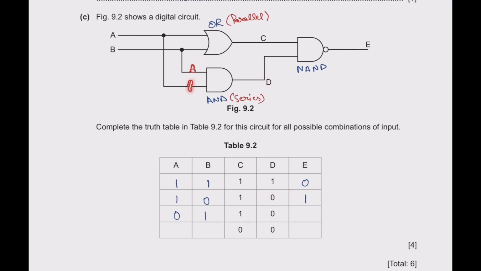If this is 0, this is 1, again I will get 0. 0 0 here also the answer is 0 and 0, so I will get OR also 0 and output, that is D, also 0. Okay, for E and 1 0, again I will get 1 because of NOT, and 0 0, again 1. So this will be the truth table for the table 9.2.